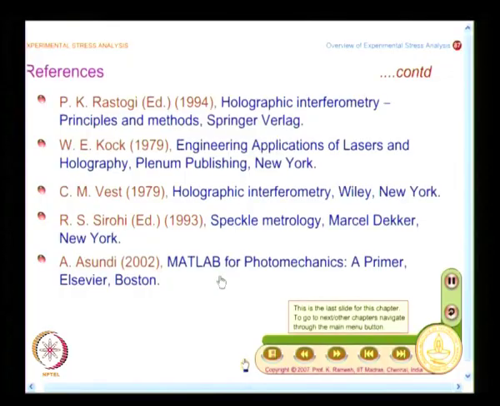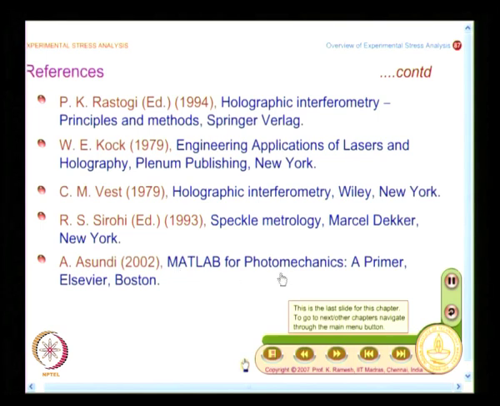More and more computer processing is done, and he has come out with how MATLAB can be used for photomechanics. We have already seen, when we looked at trends in experimental mechanics, that the current trend is on phase shifting techniques.